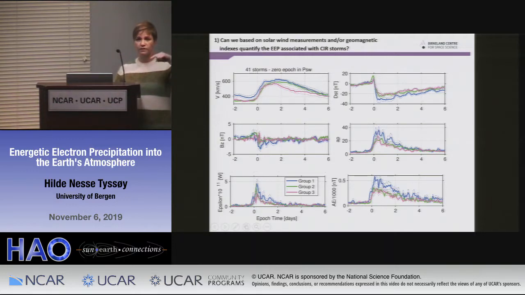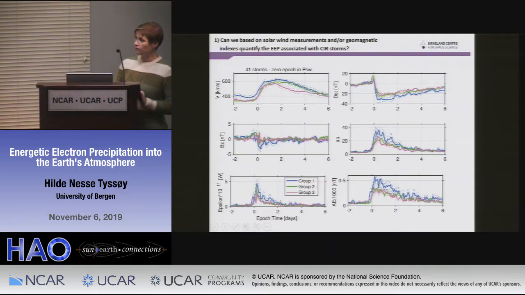Remember that BC is oscillating, but it matters where the oscillation occurs. So in group 1, this negative signature here shows that it oscillates around a negative BC value. That means that more energy is coupled into the magnetosphere during the group 1 storms. Well, it's not easy to separate the group 2 and 3 storms in this case.